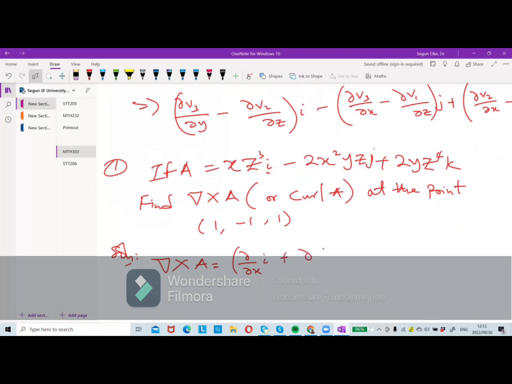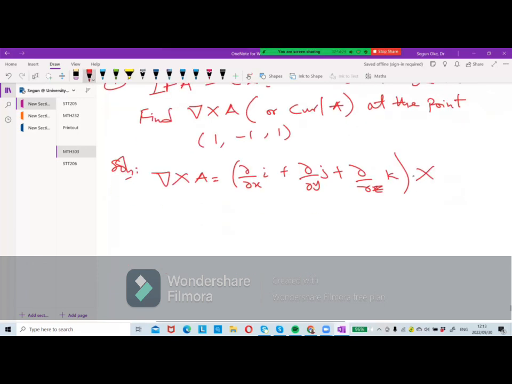i plus d/dy j plus d/dz k cross the value, which is xz^3 i minus 2x^2 yz j plus 2yz^4 k.